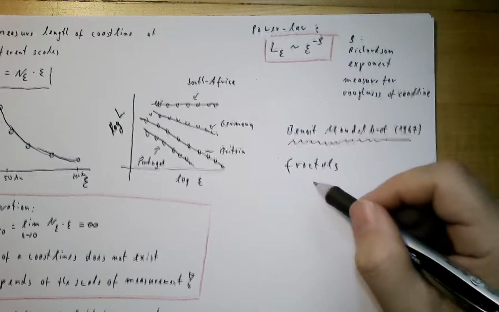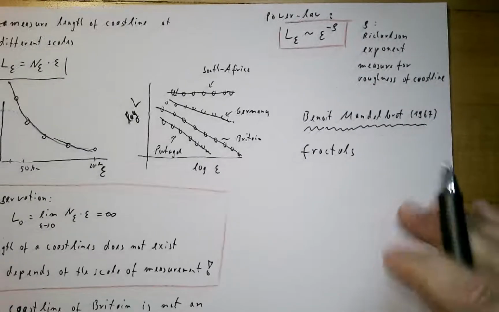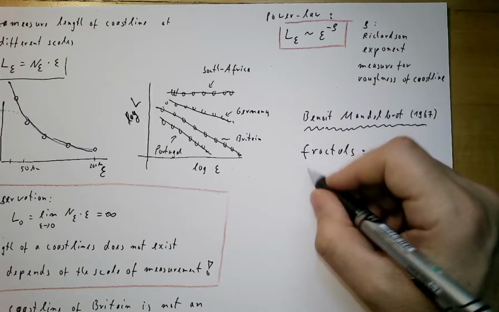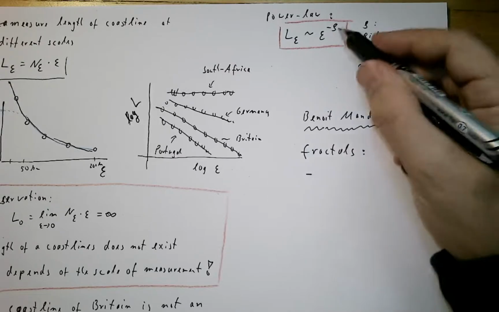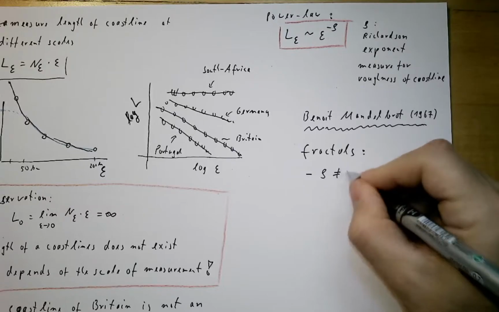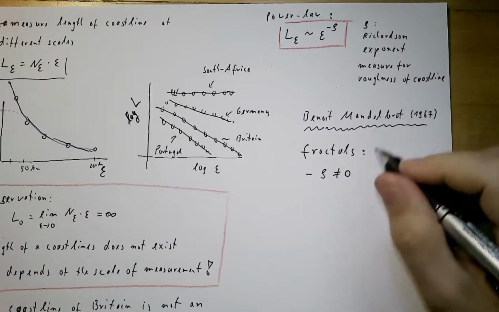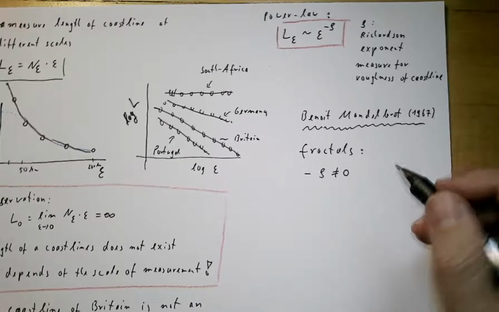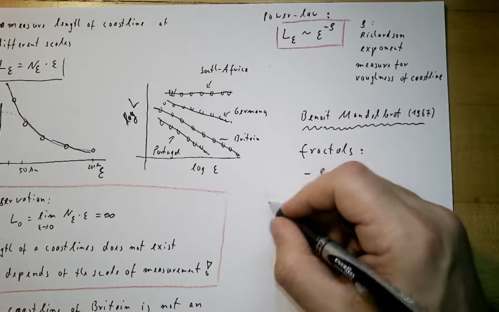Yeah? So a fractal is an object which has a Richardson exponent with rho not equal 0. And so let's summarize this a little bit.